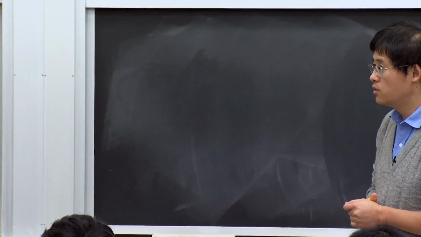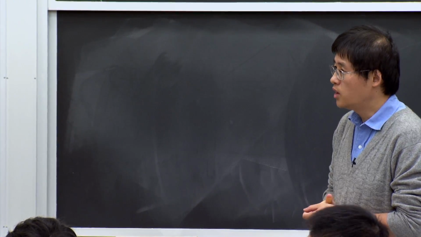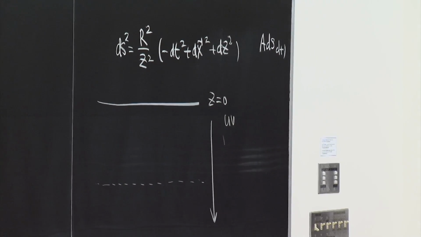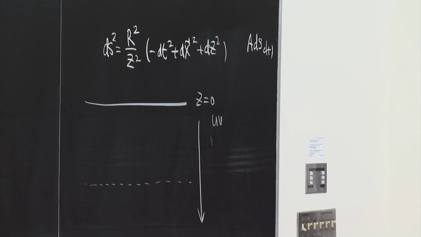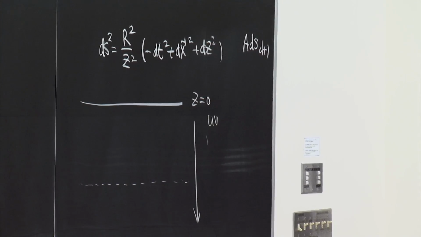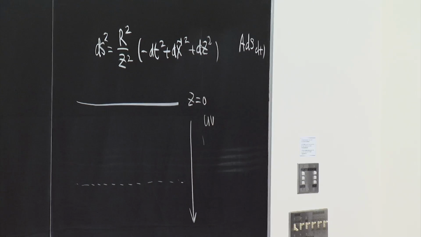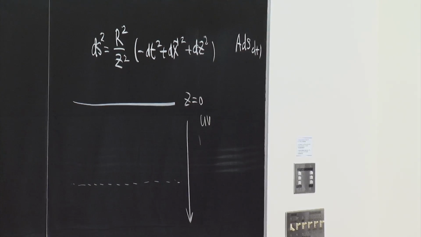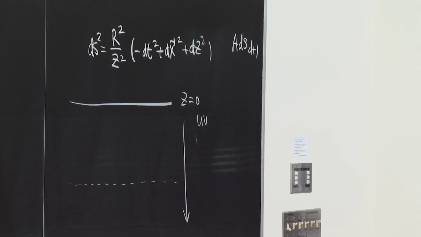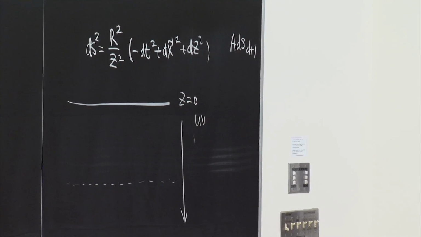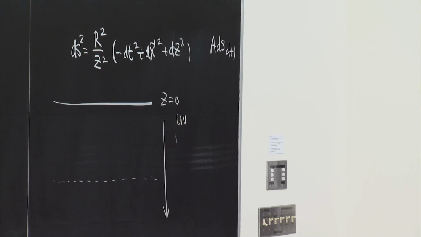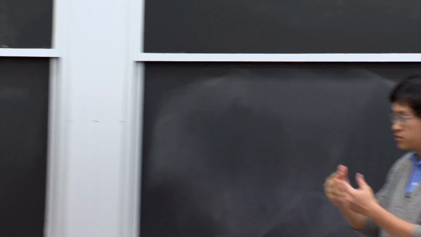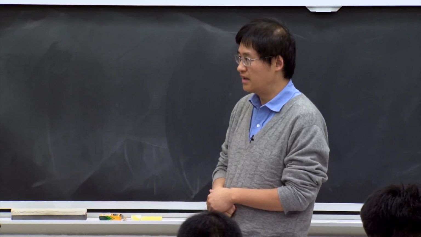This also gives you an intuitive understanding of where this extra dimension comes from from the field theory point of view. From the field theory perspective, this extra dimension can be considered as a geometrization of the energy scale. And we know that how physics changes with the energy scale, from the field theory point of view, is called the renormalization group flow: how physics evolves when you change the energy or length scale.